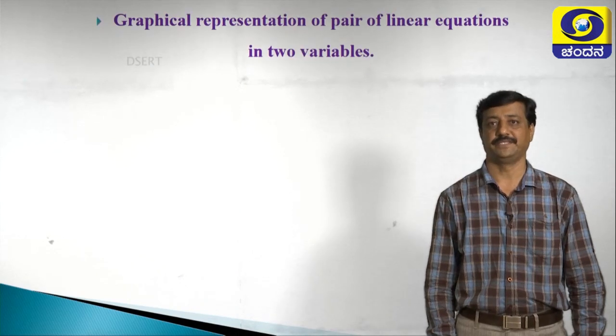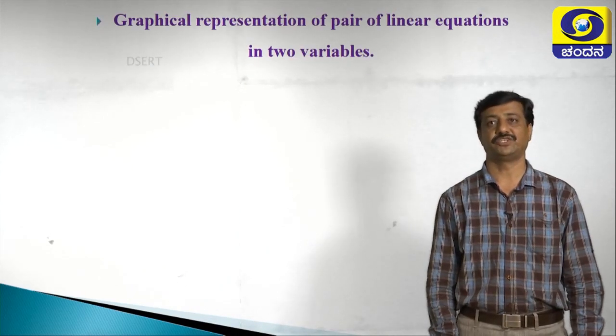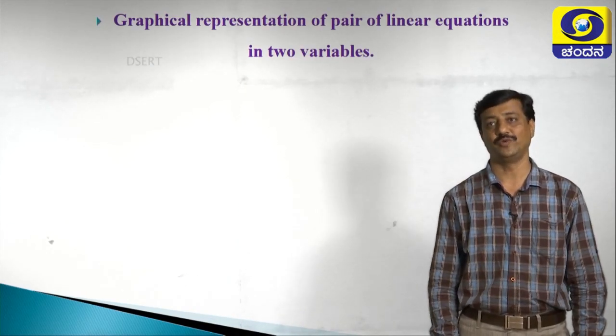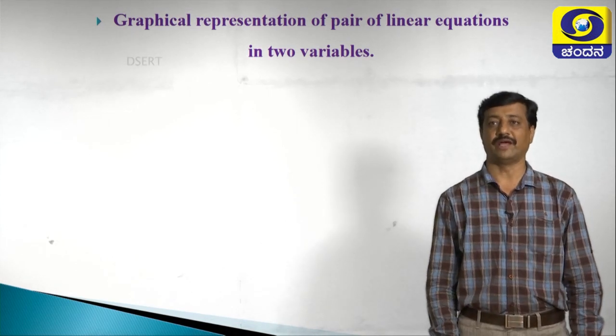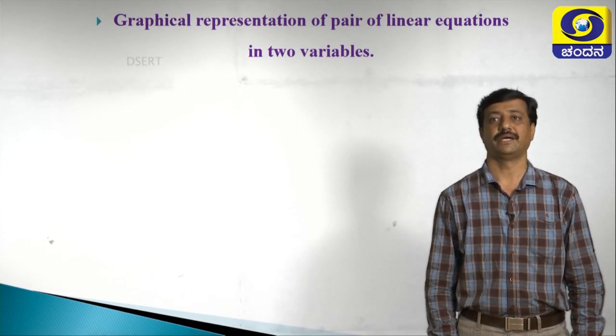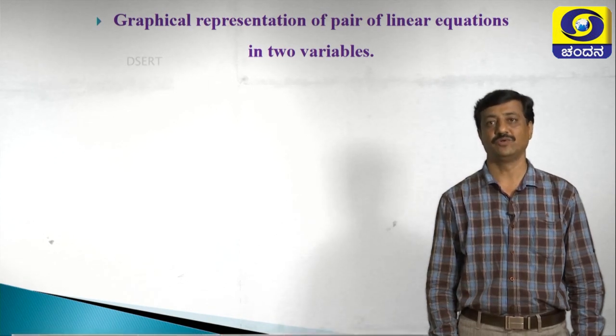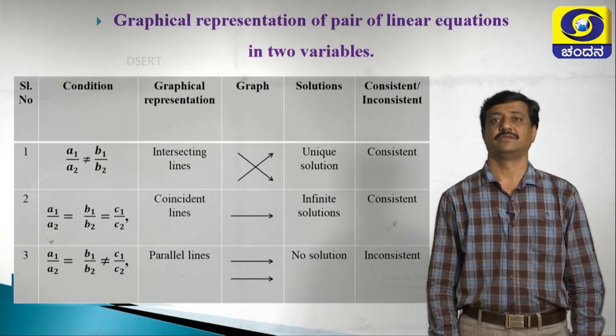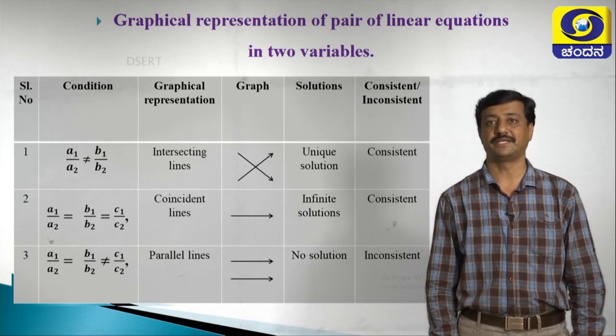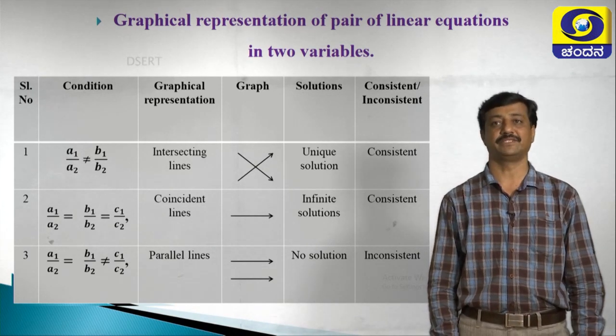The next point is graphical representation of pair of linear equations in two variables. Depending on the values of a1 by a2, b1 by b2 and c1 by c2, we are going to give the type of graphical representation for the given pair of linear equations in two variables.